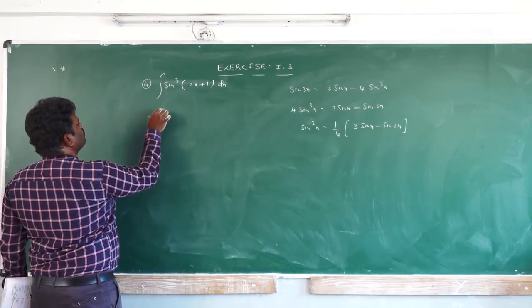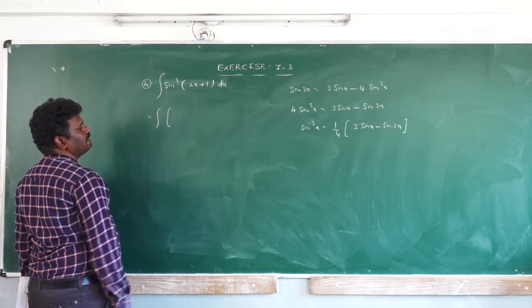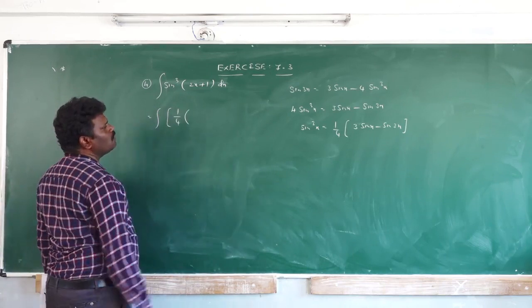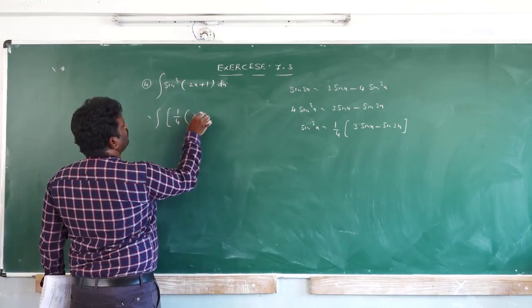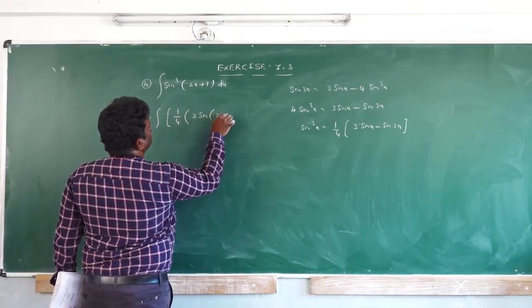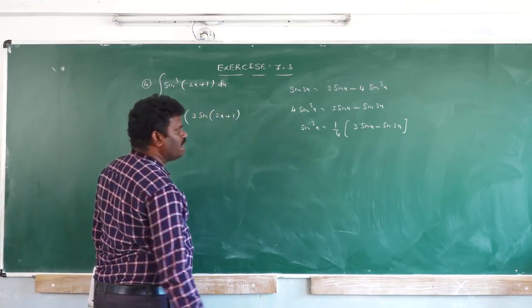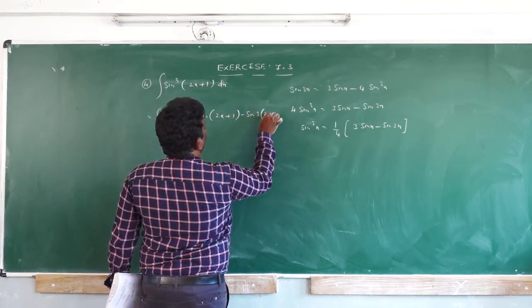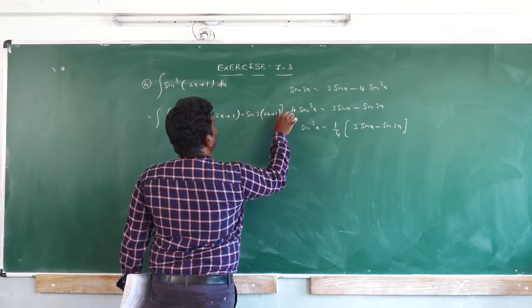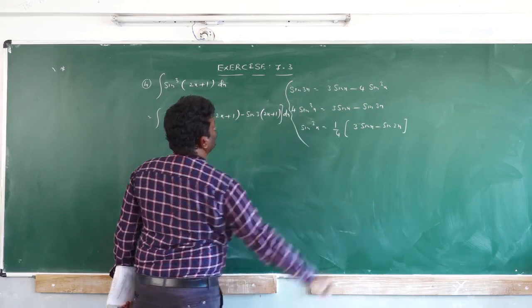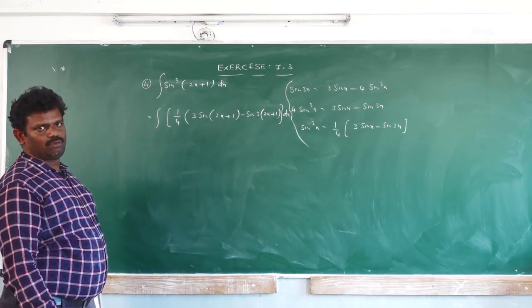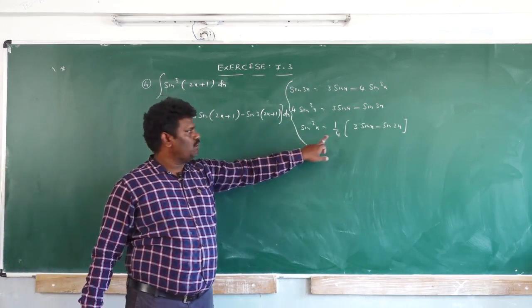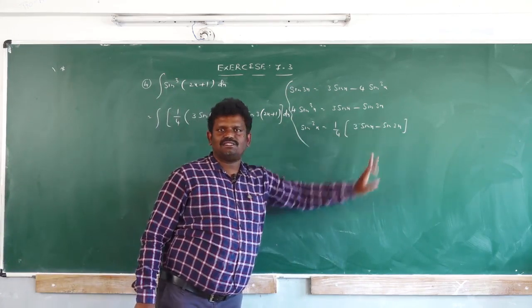The integral of 1 by 4 into 3 sine x, where x means 2x plus 1, minus sine 3 into 2x plus 1, into dx. Okay? So sine cube x is equal to 1 by 4 into 3 sine x minus sine 3x.